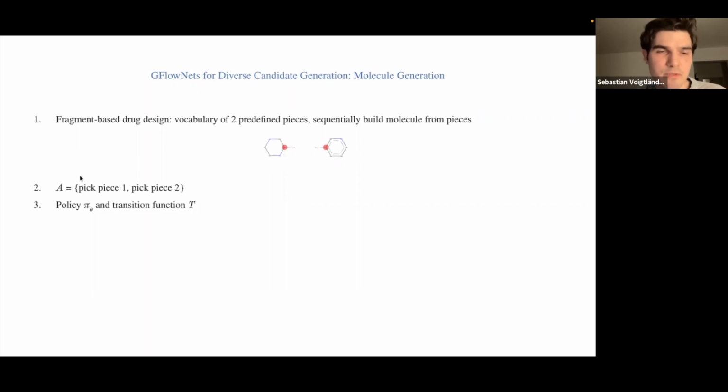Your action space, which determines the size of your, in this case, almost tree, is that you can either pick piece 1 or pick piece 2. What you are given is a policy pi and a transition function. The policy simply picks the pieces, and the transition function is a given function that tells the network how to construct the next state. But what you want to parameterize is the flow. That means the generative policy, and typically not the transition function.